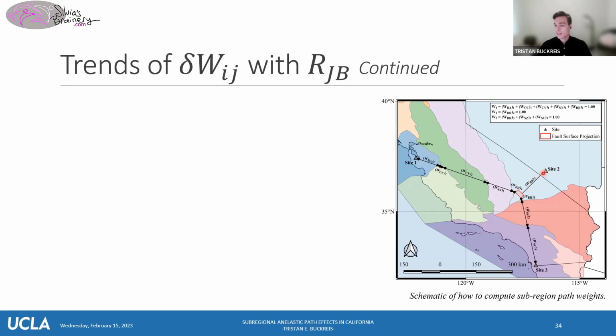So the path length, or the weight or proportion of the path that goes through this subregion, is going to be 1. The entire path is in this region. Path 3 goes through 3 subregions. So you will have path length for these 3, 0 for everything else. And the same can be true for site 1 that travels through a bunch of different subregions, where now we can quantify which subregion might be controlling the path effects.